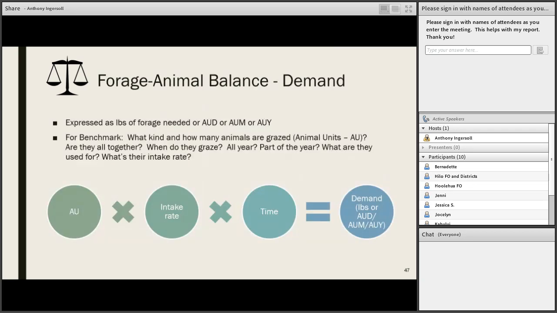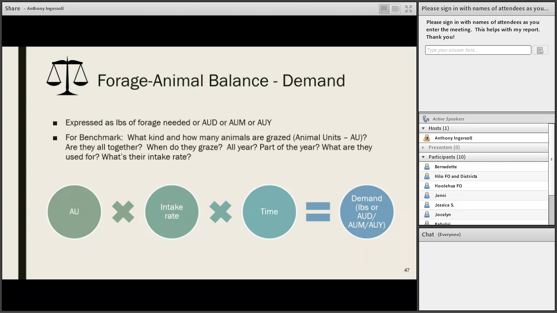So, getting into the nitty-gritty a little bit more on the forage animal balance. When we're talking about demand in the forage animal balance, you're talking in terms of either pounds of forage or animal units, either animal unit days, animal unit months, or animal unit years, because all of those are just different measures of forage, right?